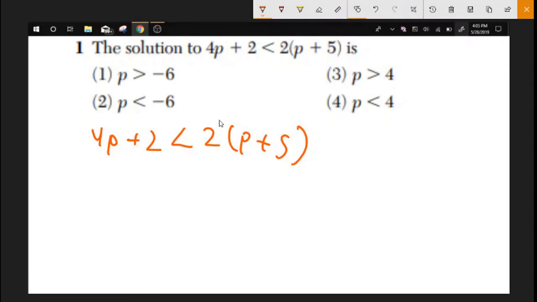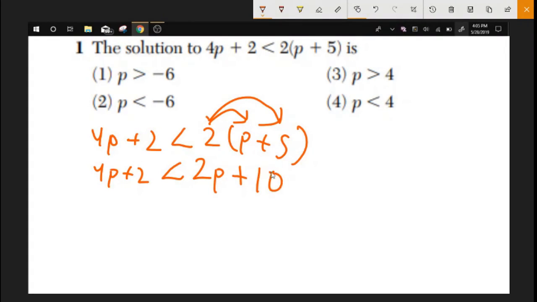And let's just begin by using the distributive property here. And now we have 4p plus 2 is less than or equal to 2p plus 10.